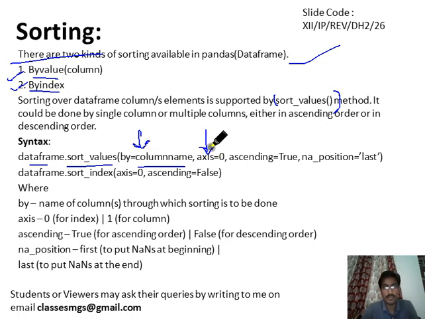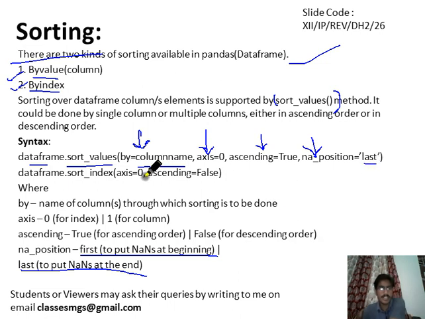Axis equals 0 or 1 will tell you that you want to apply row wise or column wise. Ascending equals True means you want to arrange the data in ascending order, means minimum will be on top and maximum will come at the bottom. And na_position tells whether we want to put the NaN values at the beginning or at the last if there are NaN values in the data frame. Okay, so this is the syntax.